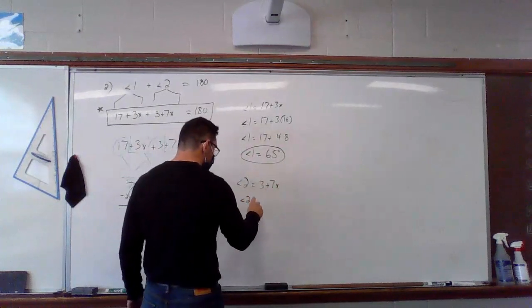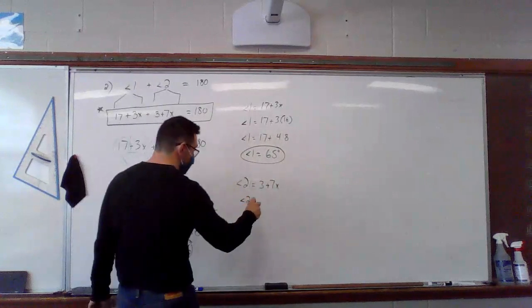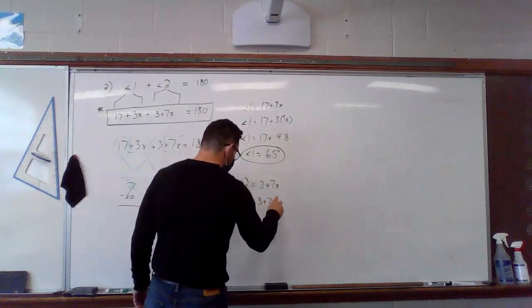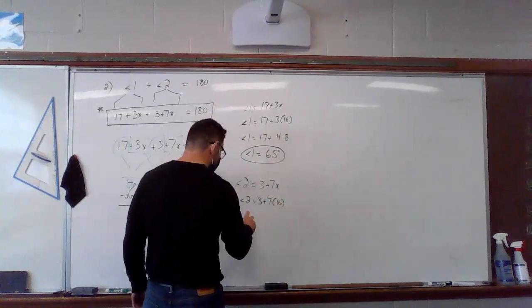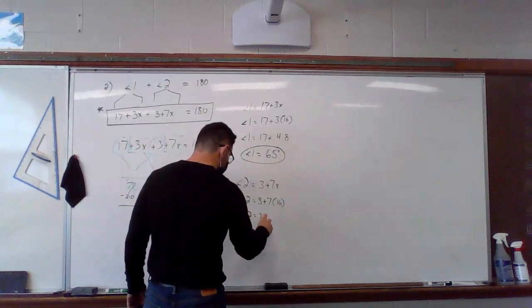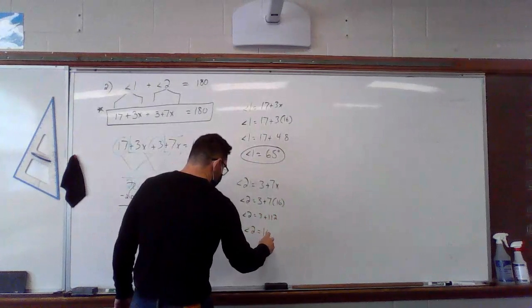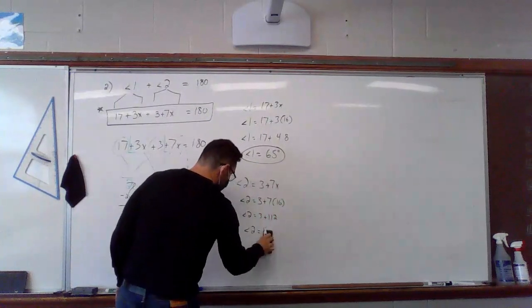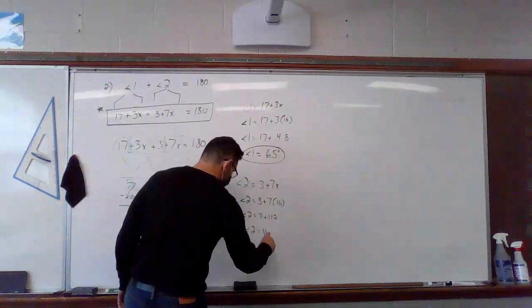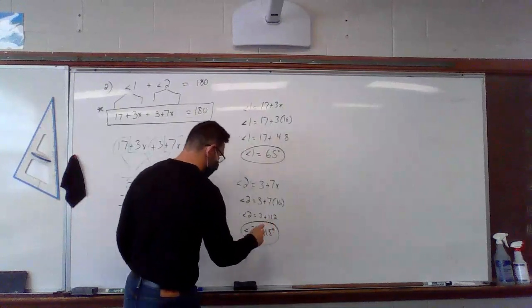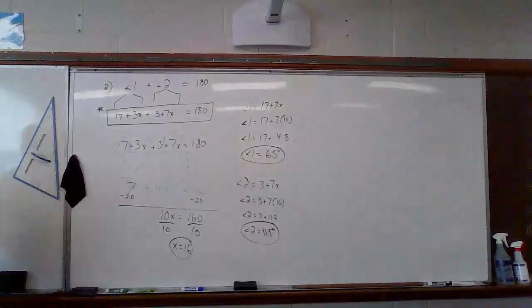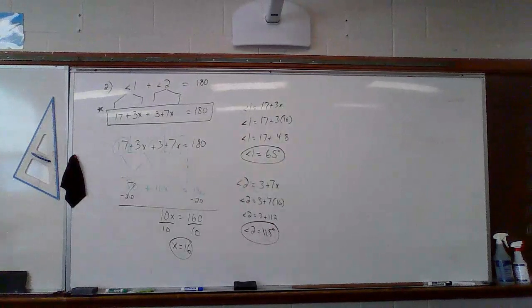So angle 2 equals, we're substituting in what we found for x. 3 plus 7 times 16. That gives me angle 2 equals 3 plus 112, which gives me angle 2 equals 115 degrees. Questions there?